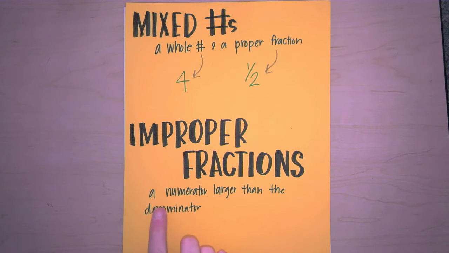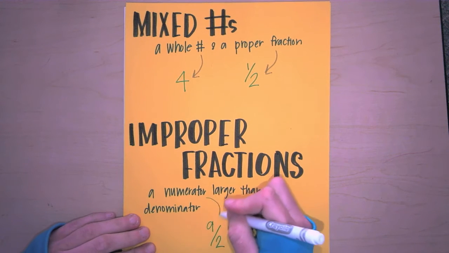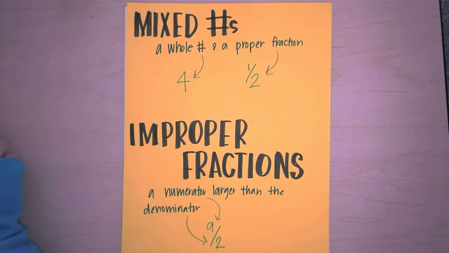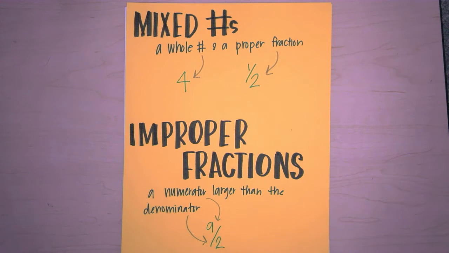An improper fraction has a numerator larger or greater than the denominator. My numerator is larger than my denominator. Right? So the thing about having a mixed number and improper fraction is that they can mean the same thing. I'll give you an example.